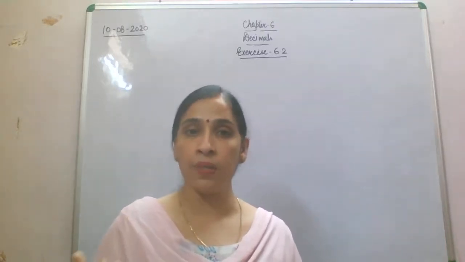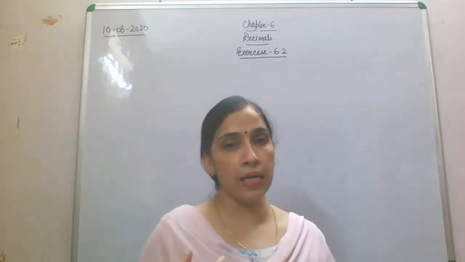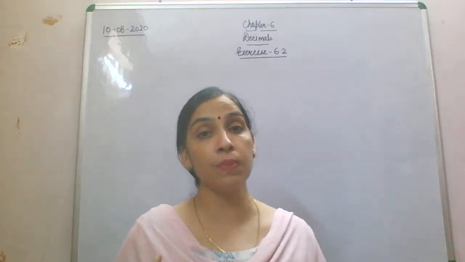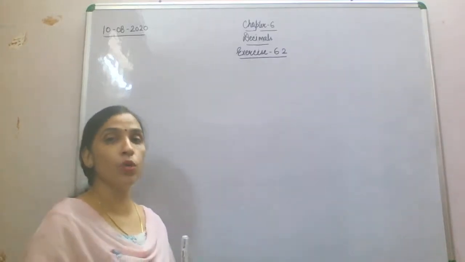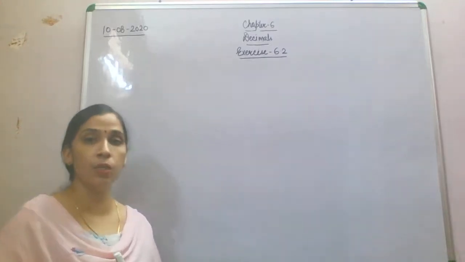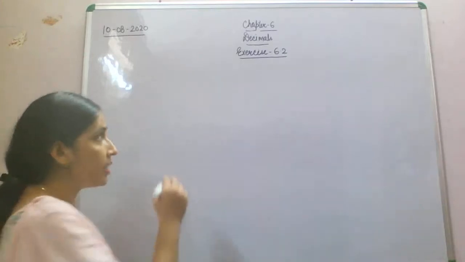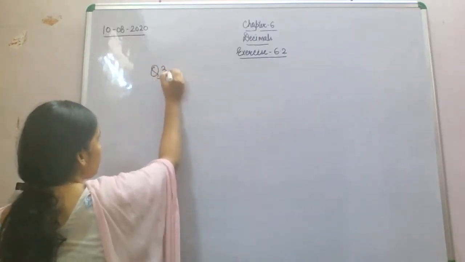Tenths means 1/10 of that part, hundredths means 1/100th, and thousandths means 1/1000th. With the help of this place value system we will do today's class, question number 3 of exercise 6.2.